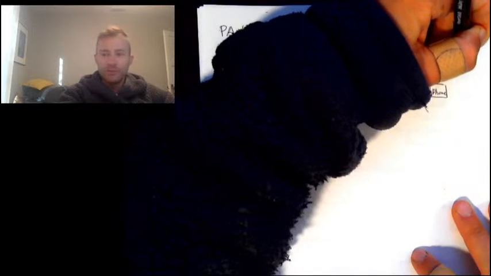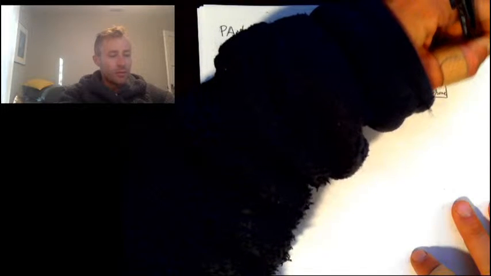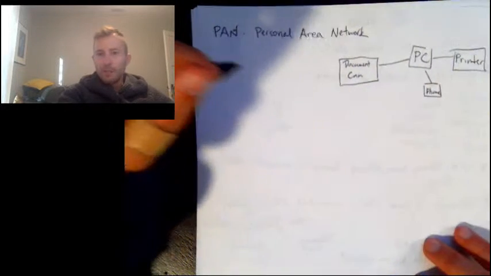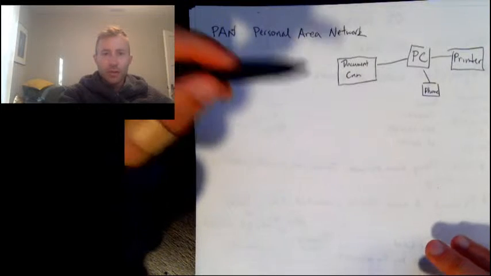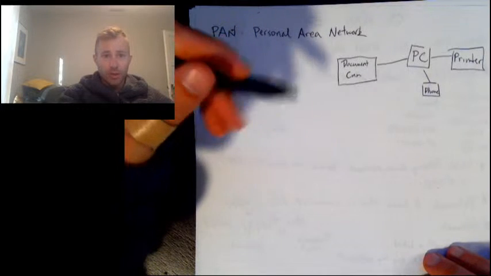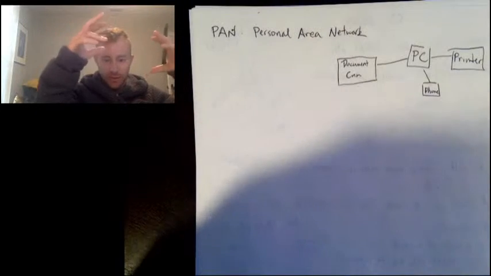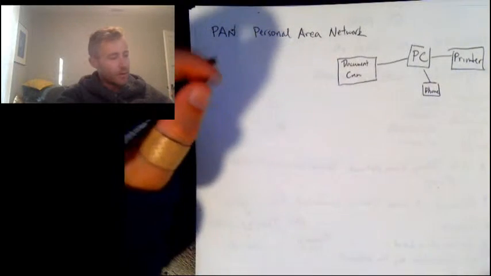It's connected to my printer. I'm literally just looking around my desk right now at everything that's connected. I think that's it. So a personal area network is just a really, really tiny network of your own computer and all the things that are connected to it.